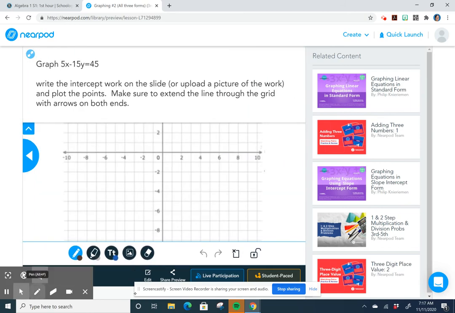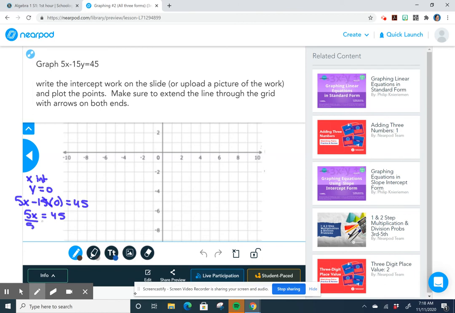And in the following problem, you just want to approach it the same way. Our x-intercept is when y equals 0. So we're going to do 5x minus 15 parentheses 0 equals 45. Negative 15 times 0 goes away. We're left with 5x equals 45.